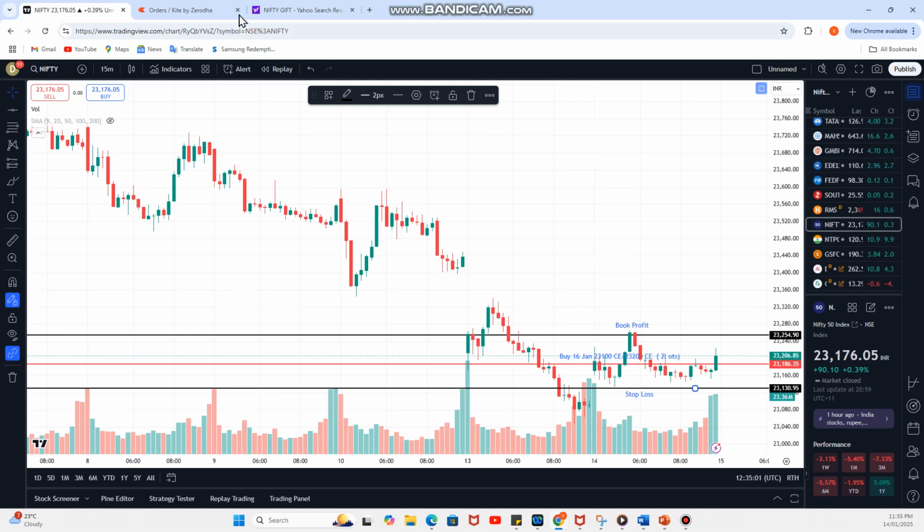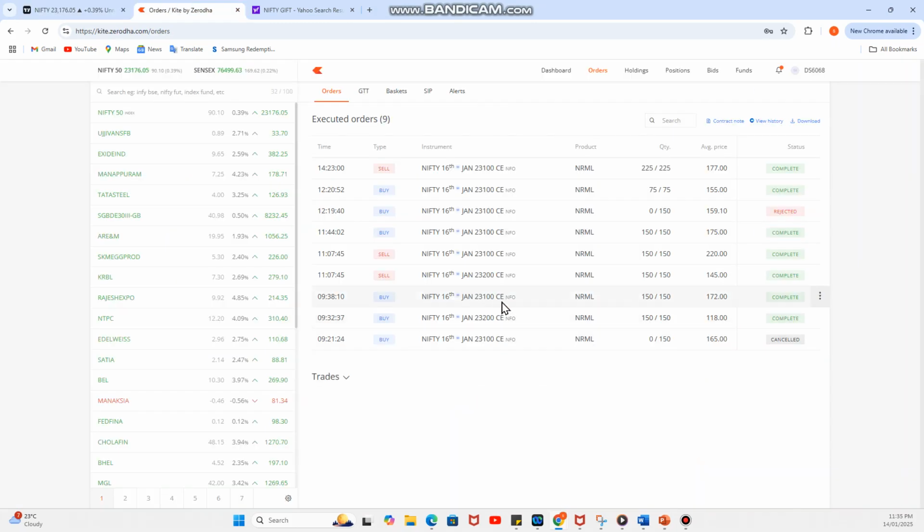And the second option that I placed is the 23,000 call option. This is an ITM call which I bought at 172, and in maybe 1.5 hours' time. If you look at the execution time, I kept a very small target of 27 points, because my purchase price was a bit higher.